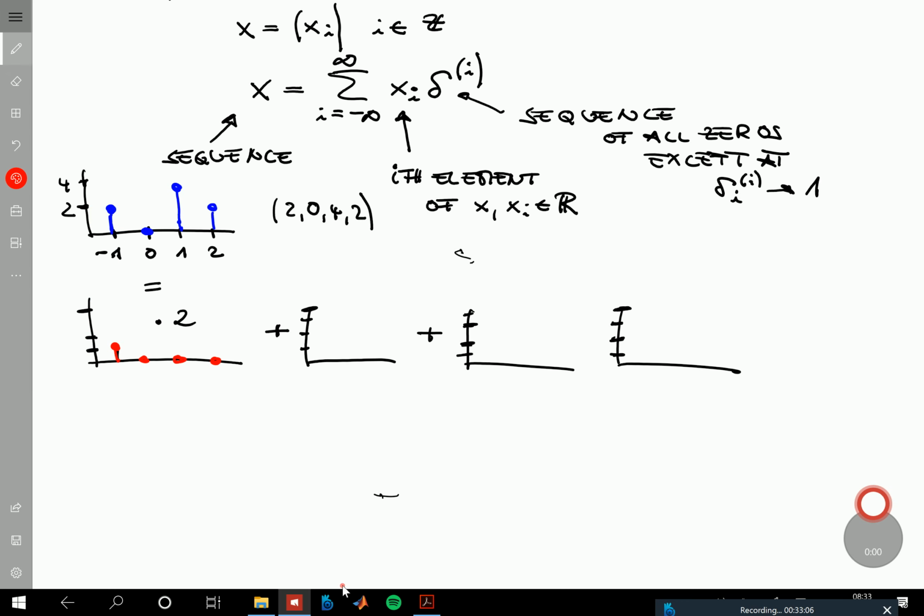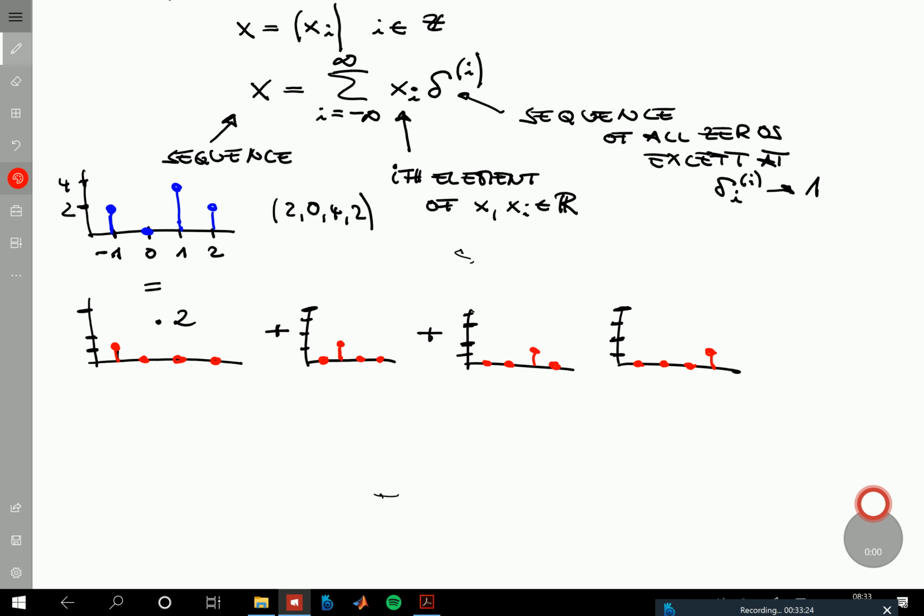So this would be the one that has a 1 at 2. This would be the one that has a 1 at 3. And this would be the one that has a 1 at 4.